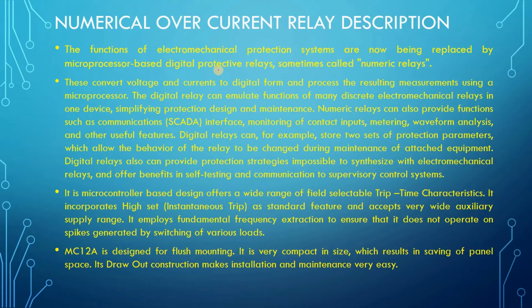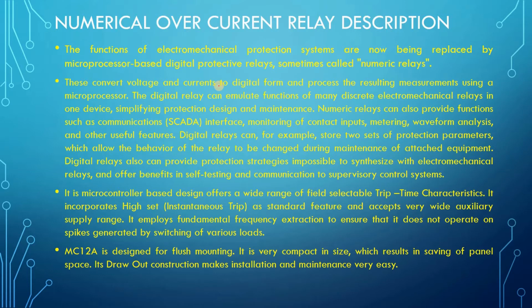This is the advanced level of relay, which will give you more and more features compared to our old relay, the electromechanical relay. This is not a mechanical relay, but due to its digital feature, it can give you more features compared to the electromechanical overcurrent relay, and we call it a numerical relay.